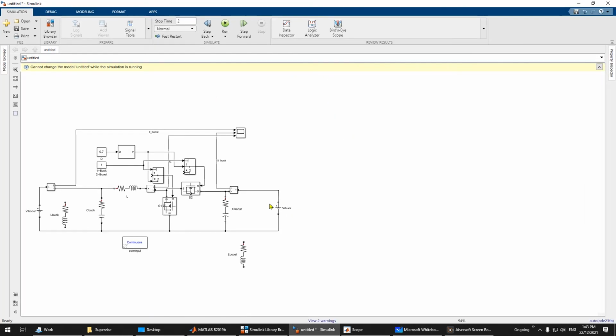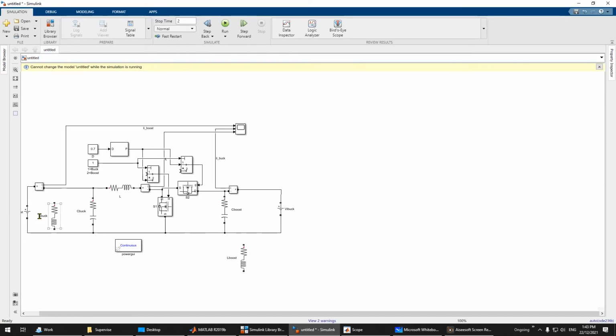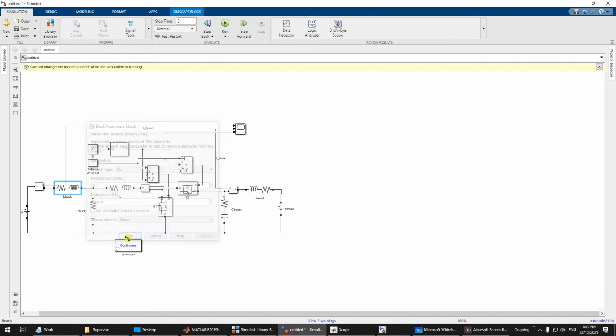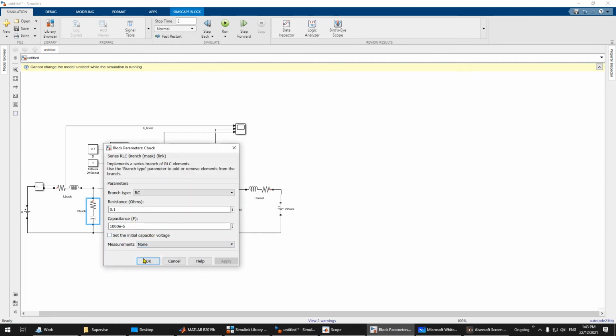Okay, so let me add this and rotate this. This one, 50, is not designed properly, so when you do this, it is better to design it properly. This capacitor is around 100.